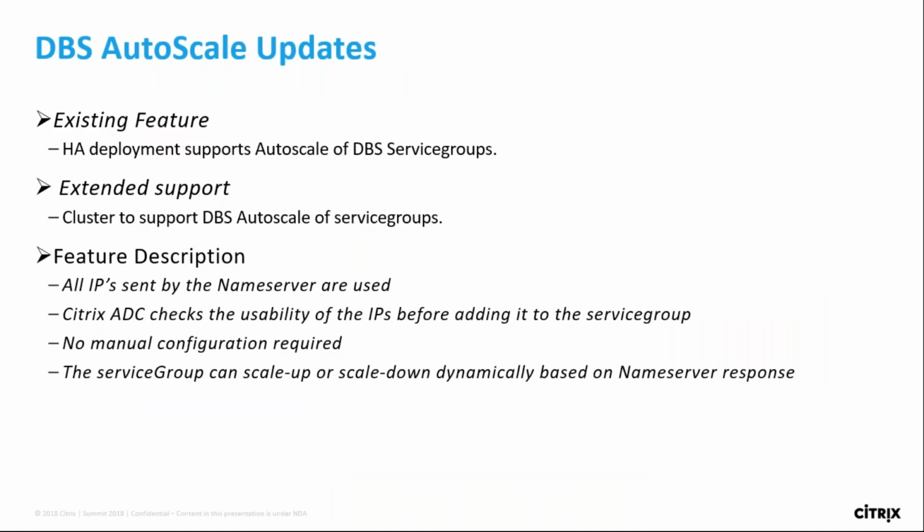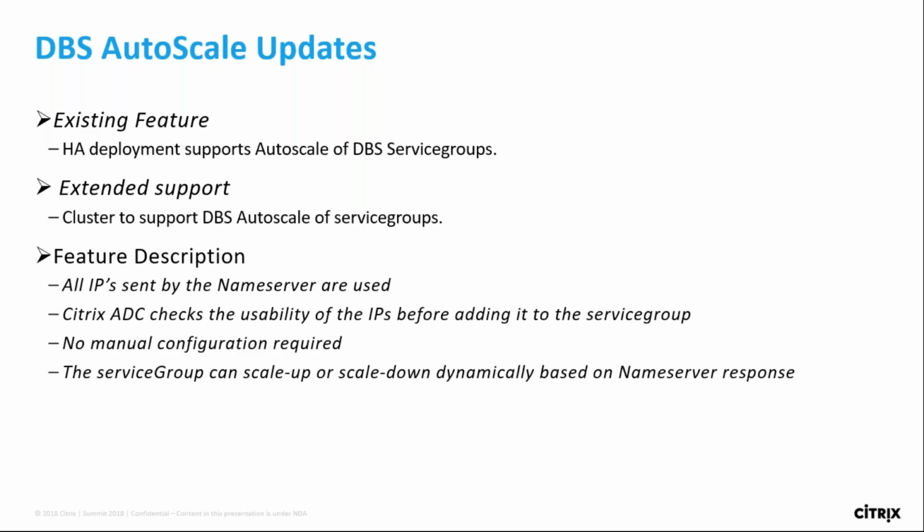So about the feature, this domain-based server auto scaling was available in HA before, but the new thing that we have added is that DBS auto scaling of the service group will be available in the cluster also. So what exactly is it going to be?